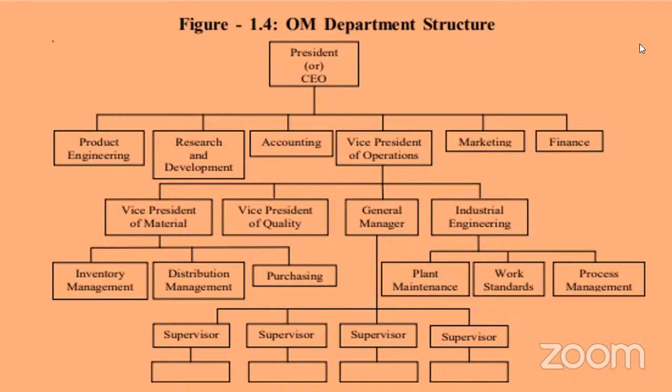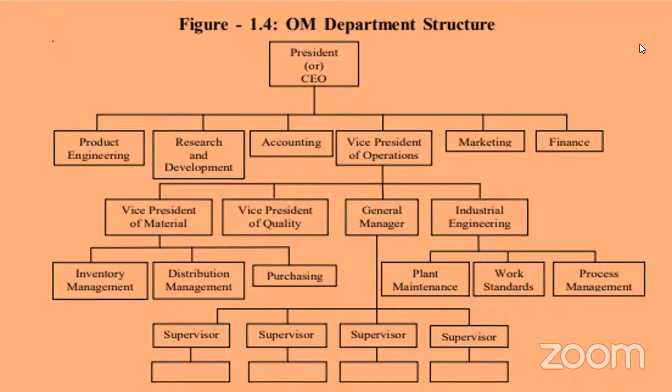The Vice President of Quality will concentrate on purchasing quality, the raw material quality, the output quality, work in progress, everything. The general manager has supervisors in every department. And in industrial engineering, we have process management, work standards, and planning maintenance.